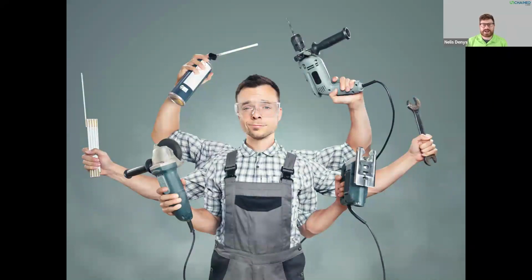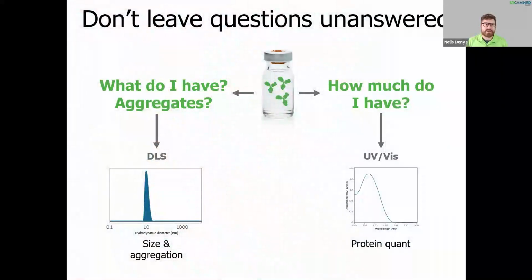There are also a lot of things to analyze when you're doing protein characterization. Quantification and sizing are two essential parts of data to gather. UV-Vis and dynamic light scattering are established techniques to answer some of the questions you have. Are there any aggregates in my sample? How much protein do you actually have? And so on.